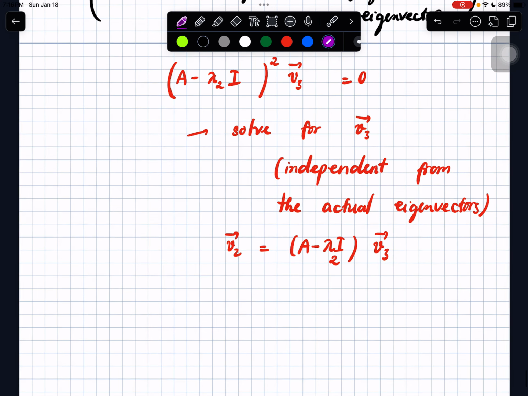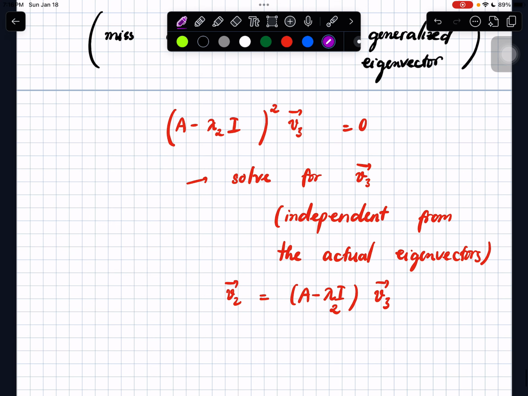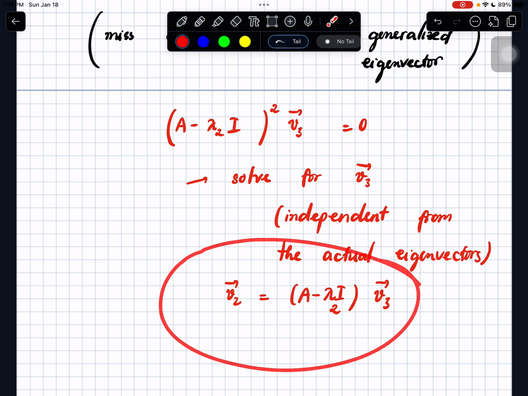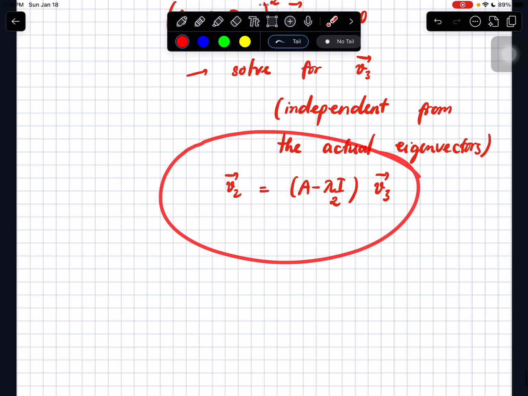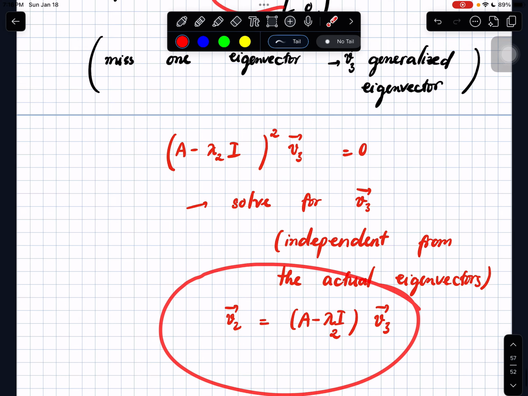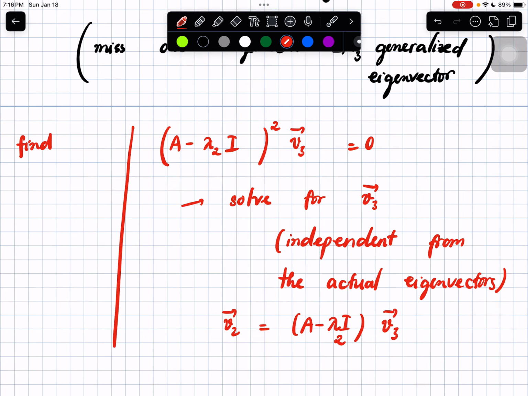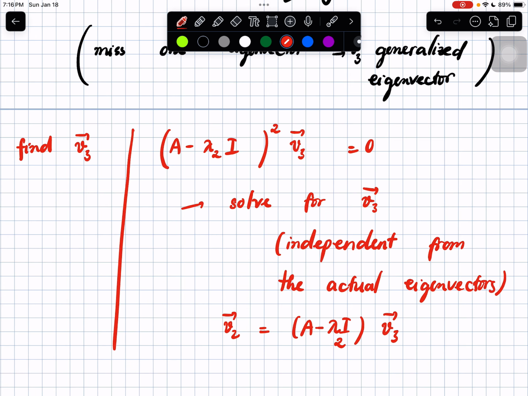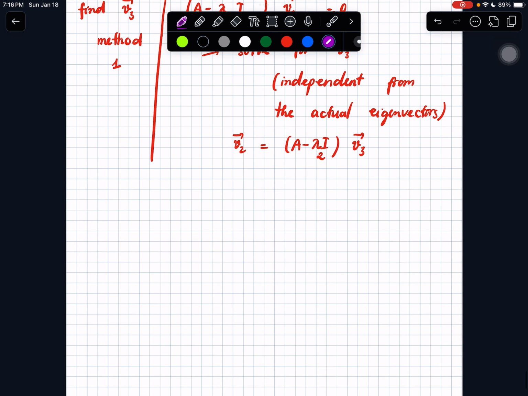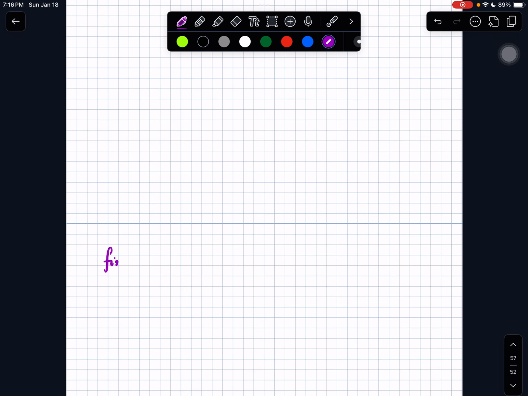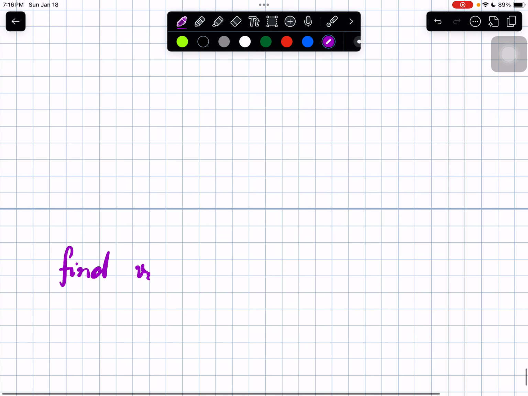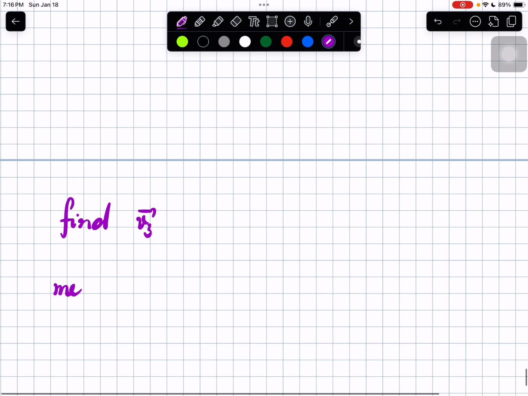The second method, you can compute V3 directly from this equation. So here we only know V2. So let's say find V3 method 1. Here we find V3 method 2.